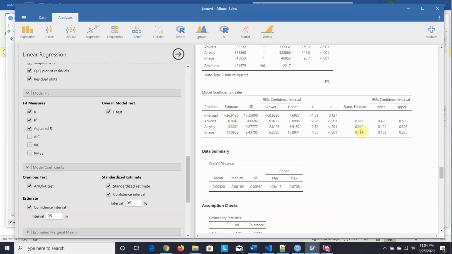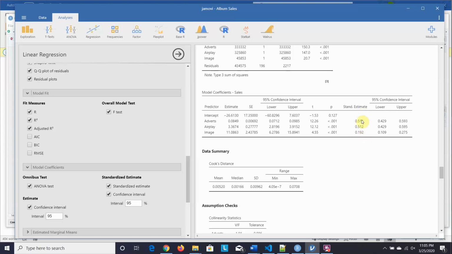But when we standardize things, like we do with the z-scores, when you standardize different things, you can compare different things even though they're different, because they all get changed to standard deviation units. And that's exactly what's going on with these standardized estimates.